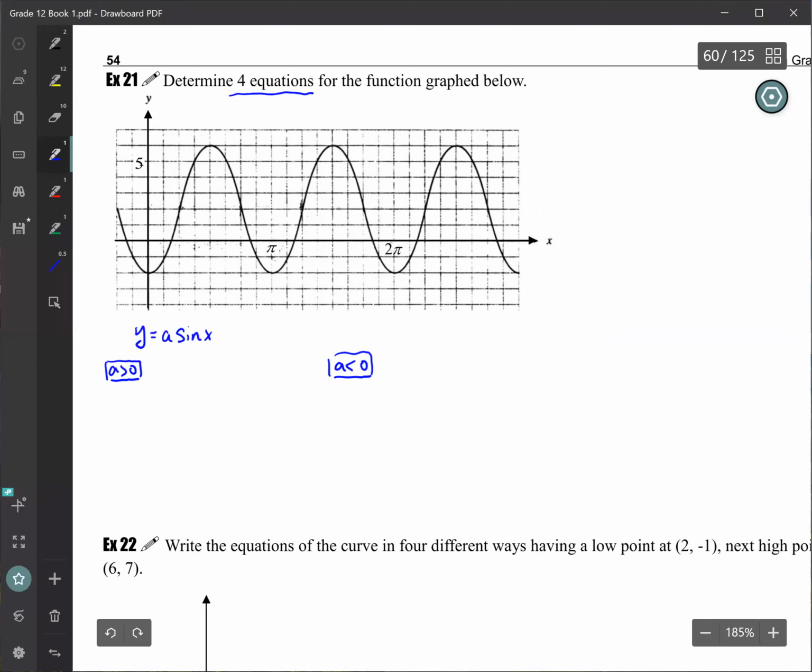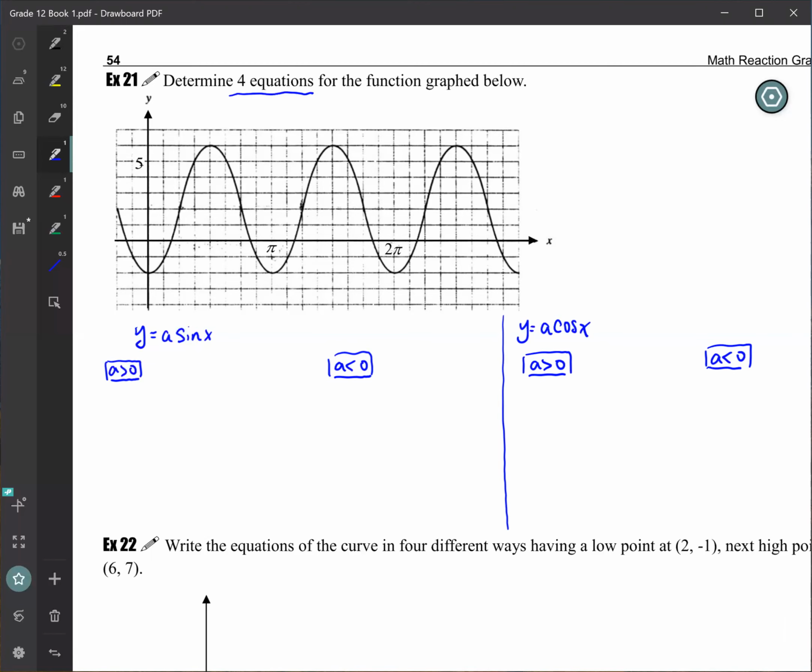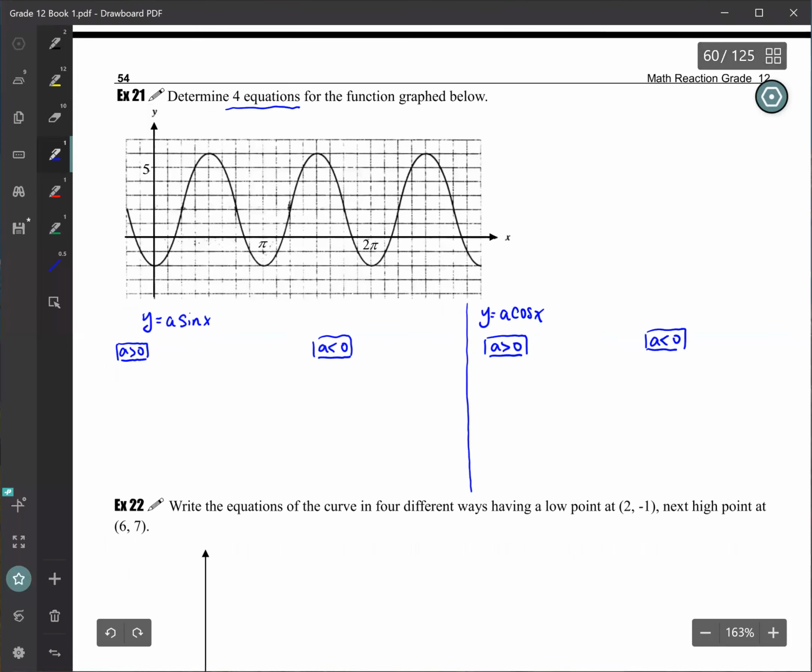Okay, and then we'll do cosine, a positive, a negative. So organized like this, okay?